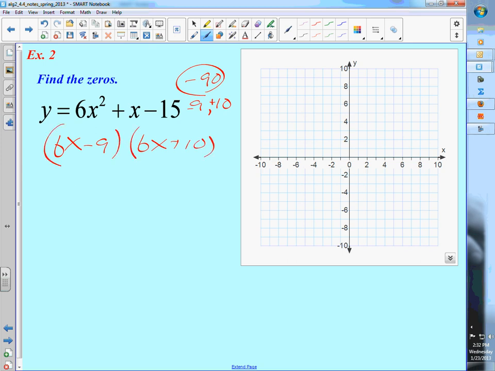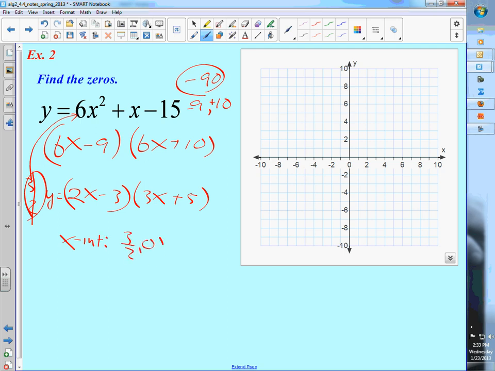What's common in the first binomial? If you factor it out, 2x minus 3. What's common in the second one? And you'd be left with 3x plus 5. And if you notice, again, the 3 times 2 is 6. And we throw those away. So your x-intercepts are going to be at 3 over 2, 0, and negative 5 over 3, 0.